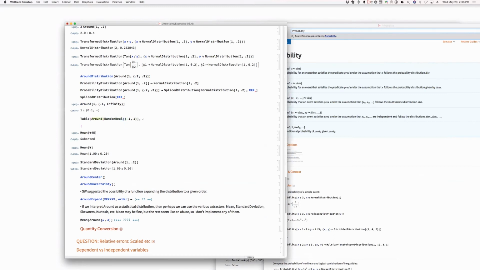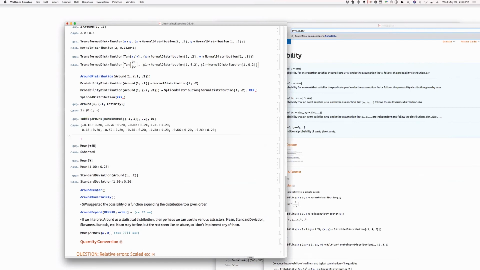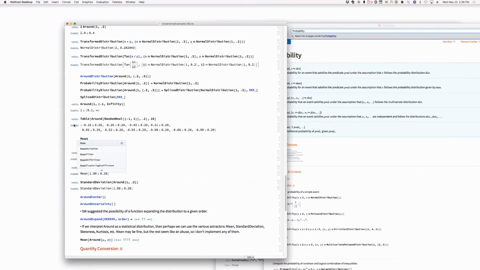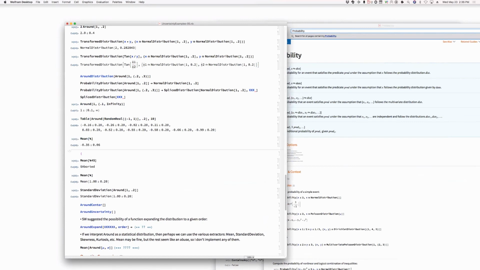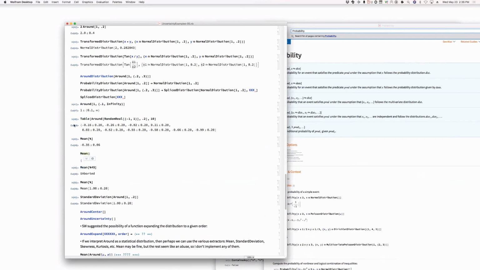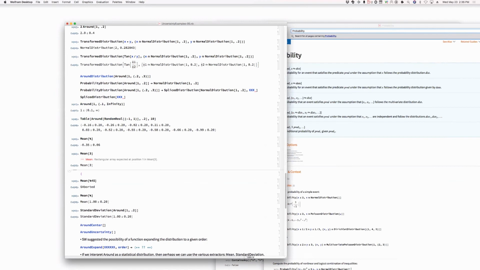Okay, now if I say mean of that, magnificent, right? Right. So mean of a number doesn't work, right? I believe that's correct. Yeah. So probably mean of an around shouldn't work for the same reason. Well, but mean of a probability distribution does work. Yes.